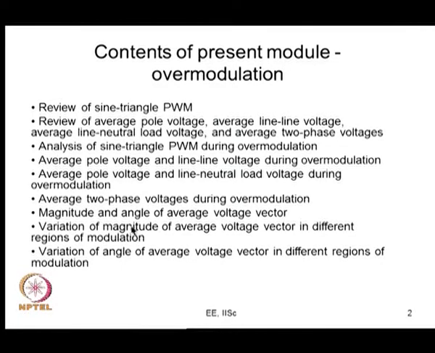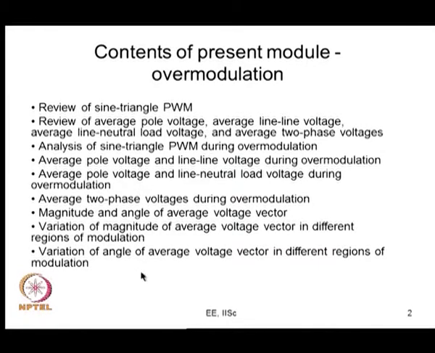And then we started looking at the magnitude and angle of the average vector. What we found was that the magnitude of the average vector starts varying initially, when the converter goes slightly into overmodulation. There is not so much variation in the angle; the average vector continues to move more or less linearly with time, but the magnitude starts varying significantly.